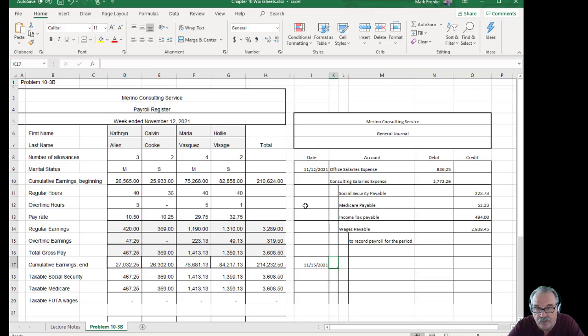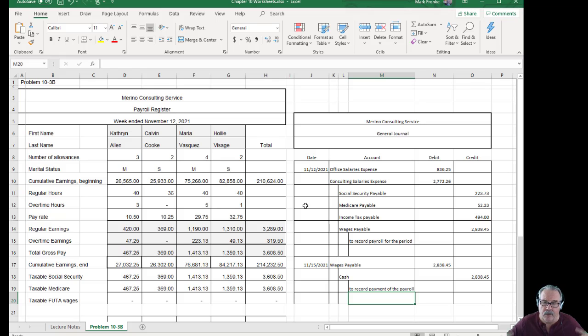We debit wages payable. That's going to make wages payable go down. It's a liability. It's going to go down with a debit. And then we're going to credit cash, which is going to make cash go down because we handed out the paychecks. And that is to record payment of the payroll or something like that.